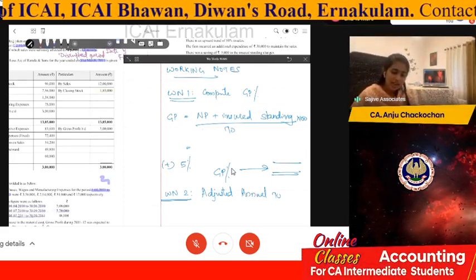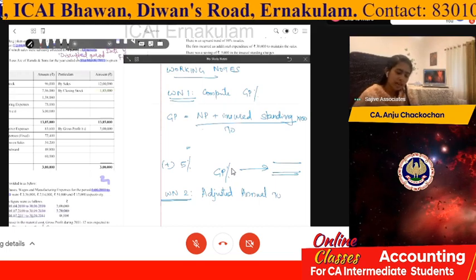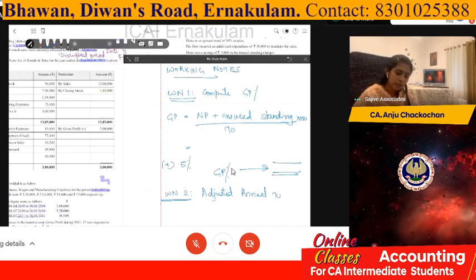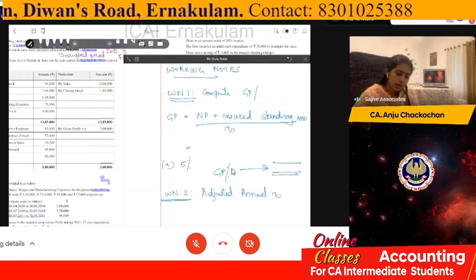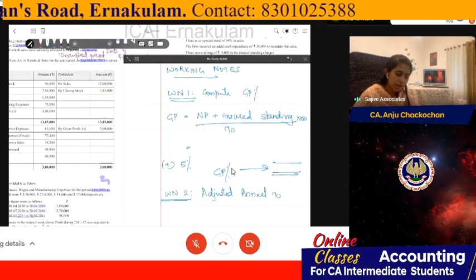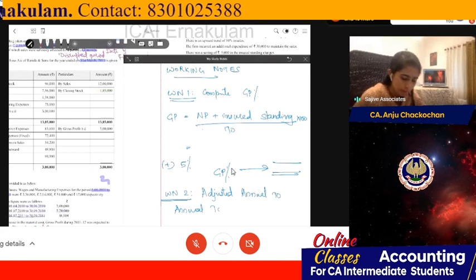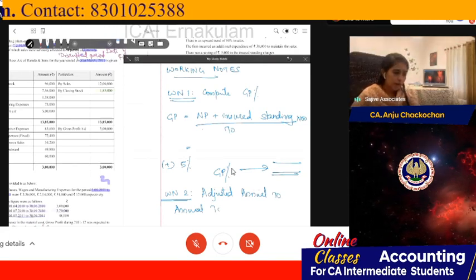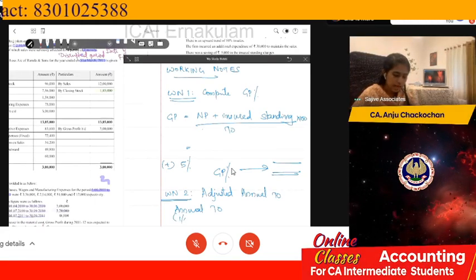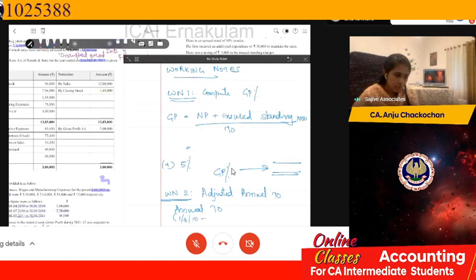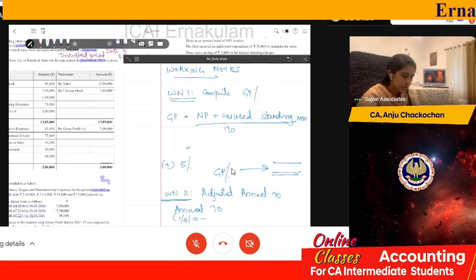So adjusted annual turnover. Listen, firstly you'll have to compute the annual turnover. The annual turnover will be for the period 1/4/2010 to 31/3/2011. Sorry, it will be 11.